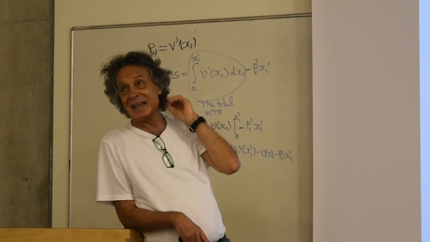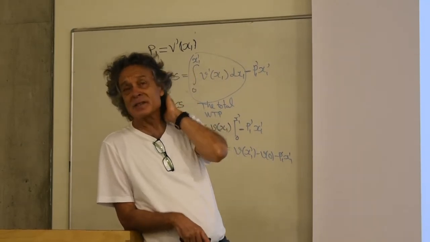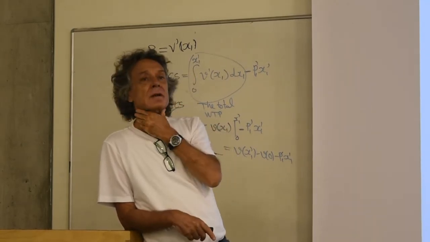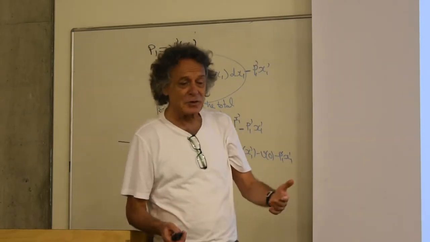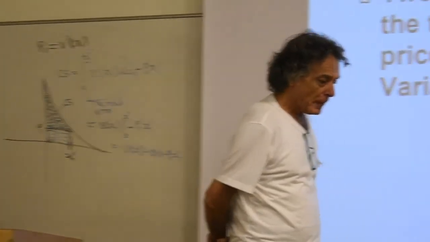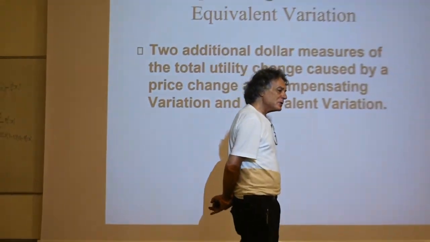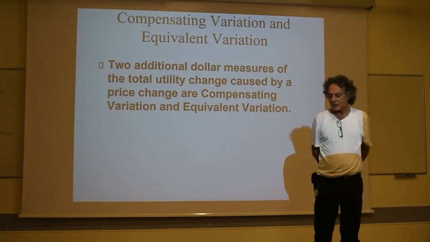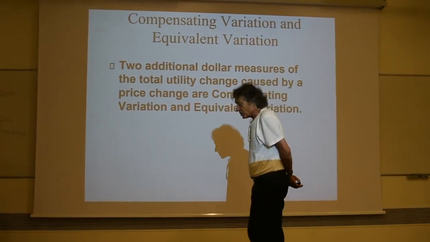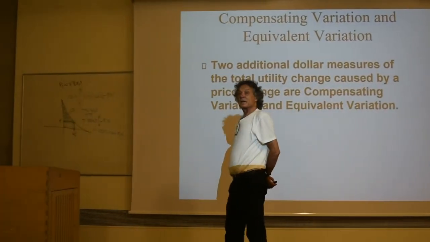Now I can say, let's say that I want to compensate my employees, because since the price went up, they cannot afford what they could afford before. But I want to leave them with the same utility level. Same utility level. How much should I compensate?